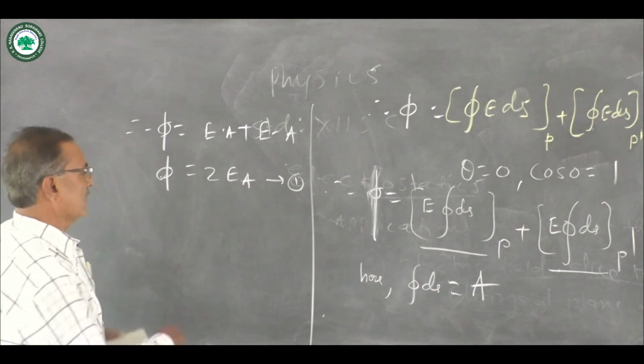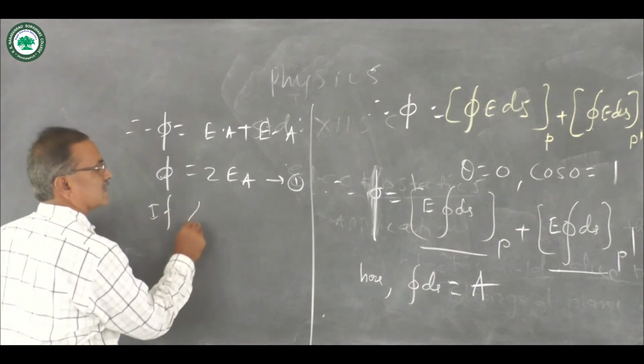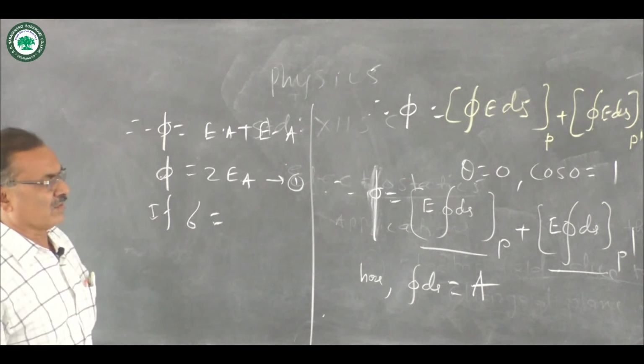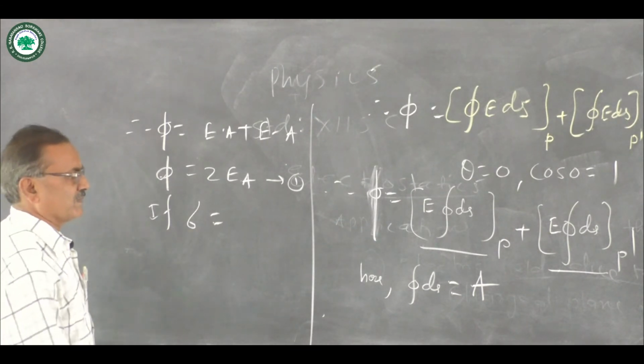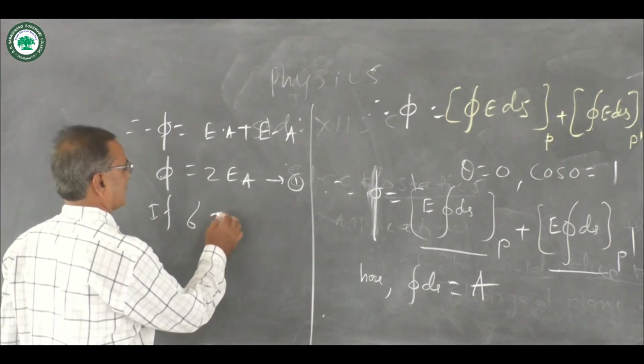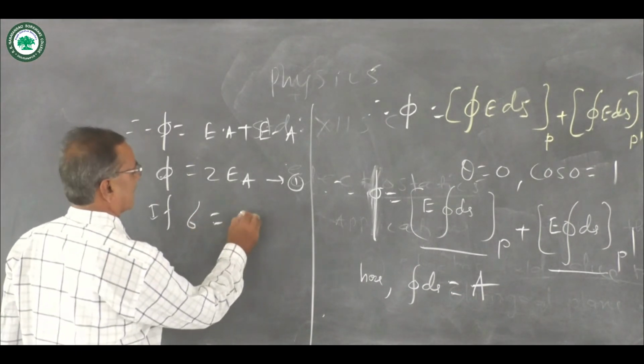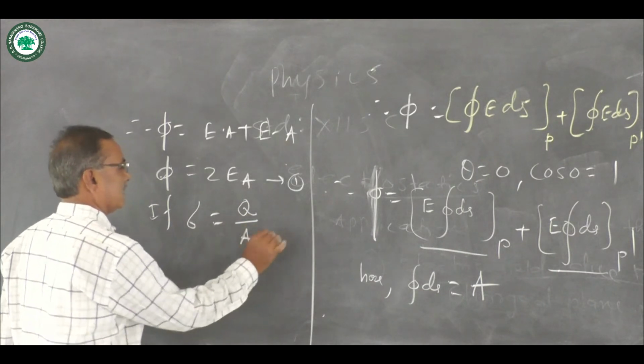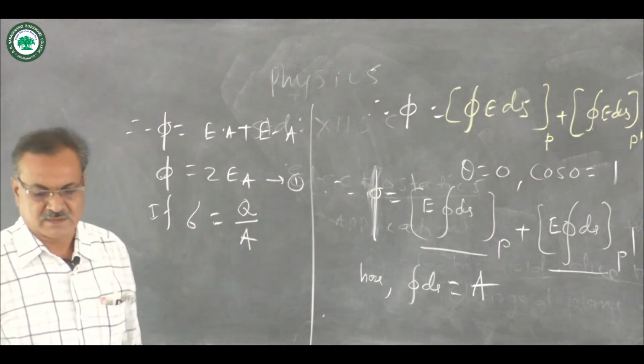We know sigma is the surface charge density of the plane sheet. Surface density is nothing but charge per unit area.